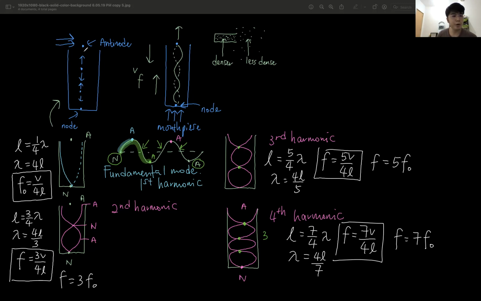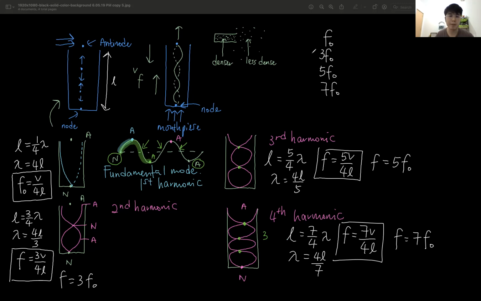As you blow across the opening, what frequency do you get? Based on the length of the pipe, the length of the tube, you get the fundamental, you get 3 times the fundamental, you get 5 times, you get 7 times. You see the pattern. We have f0, and then 3f0, 5f0, and 7f0.